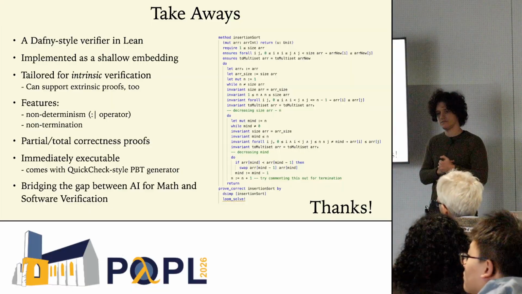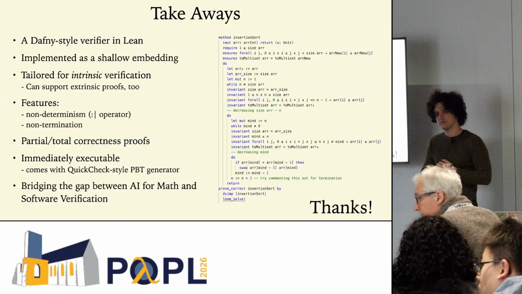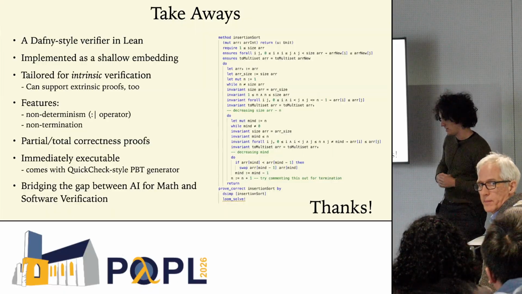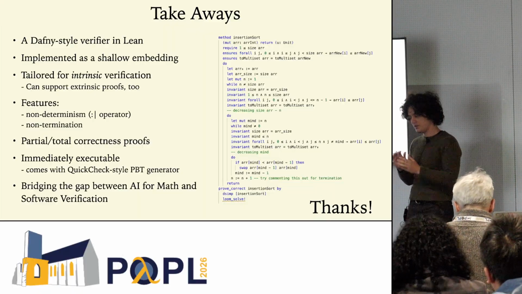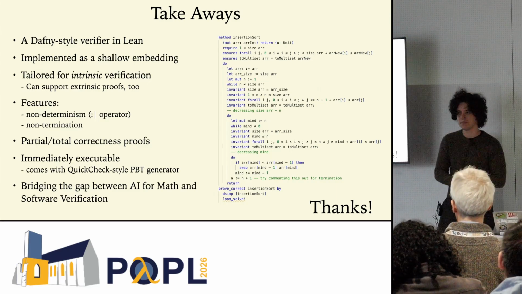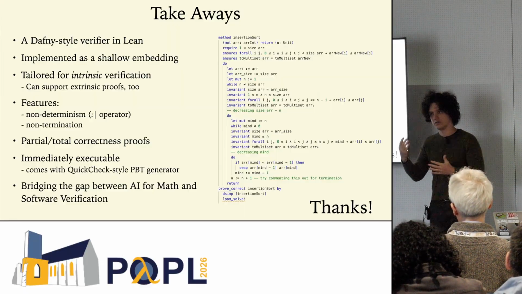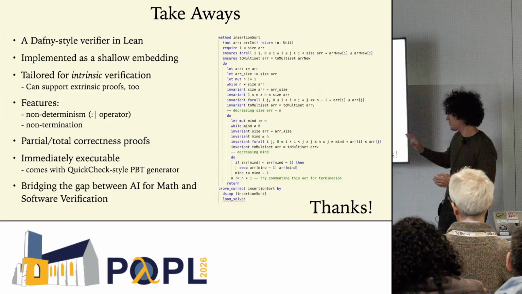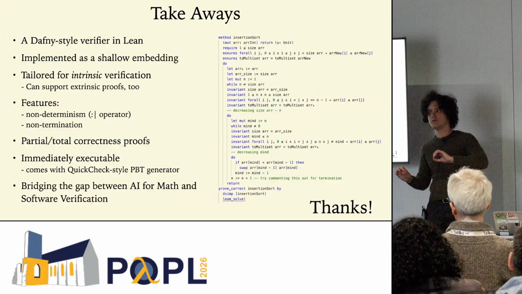Thank you for the talk. I was curious how you handle recursive functions at all? Oh yeah, that's a great question. We are right now redesigning the framework to have better support for basically arbitrary recursive functions, with total and partial correctness proofs. But at this point, with recursion, we only handle well-founded recursion.